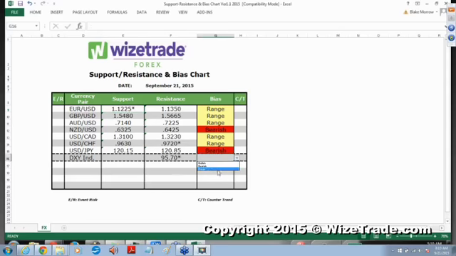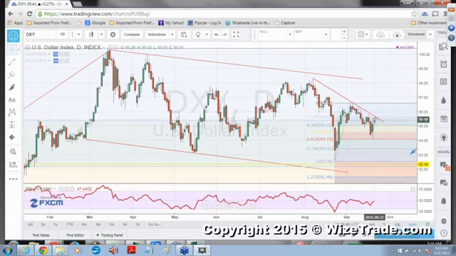We are in a range environment, but man, if we crack that trend line, that's going to put us up towards 97, 98 on the dollar index. There's a lot of upside here in the dollar index if we start breaking higher.